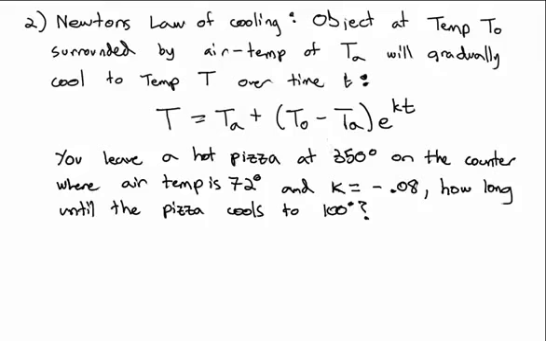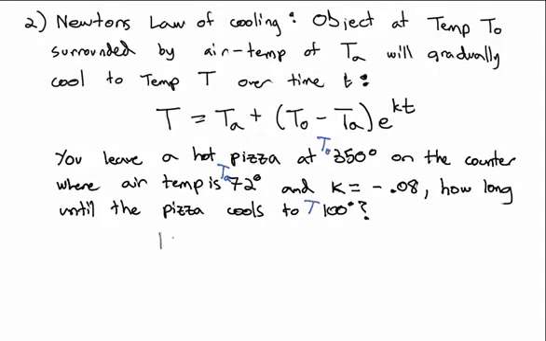Well, 350, that's the initial starting temperature of the pizza, so that's going to be our T sub 0. The air temperature is 72, that's our T sub A. We're told our K is negative 0.08, and we want the pizza to cool to a final temp, or T, of 100 degrees.